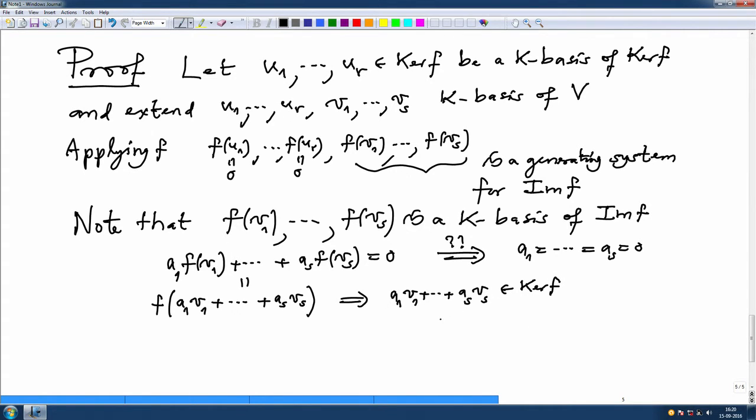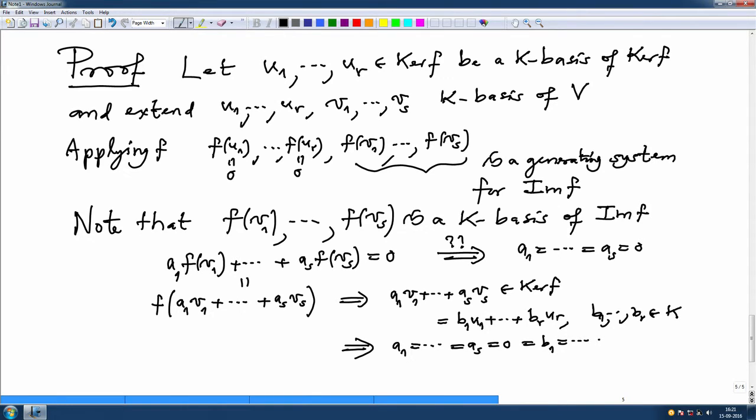That means we can write it as a combination of U1 to UR, that is B1 U1 plus ... plus BR UR for scalars B1 to BR. But then this should imply that all A's and all B's are 0, otherwise it would contradict the fact that U1 to UR together with V1 to Vs is a basis. So, all the A's are 0 and all the B's are also 0. So, we have proved that they are linearly independent.